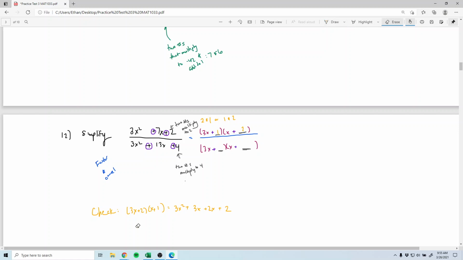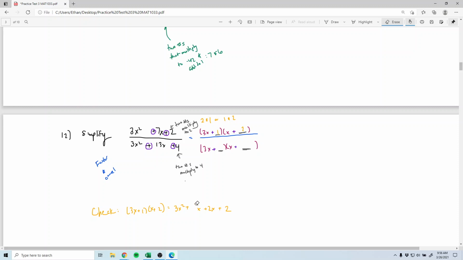Let's go ahead and check it down here. I'm going to go ahead and remove or switch out the 2 and the 1 as well. I know that checking can be a little annoying, but an important thing to remember is that when you only switch the order of the two numbers, the 3x times the x will remain 3x squared, and the 1 and the 2 will remain 2.